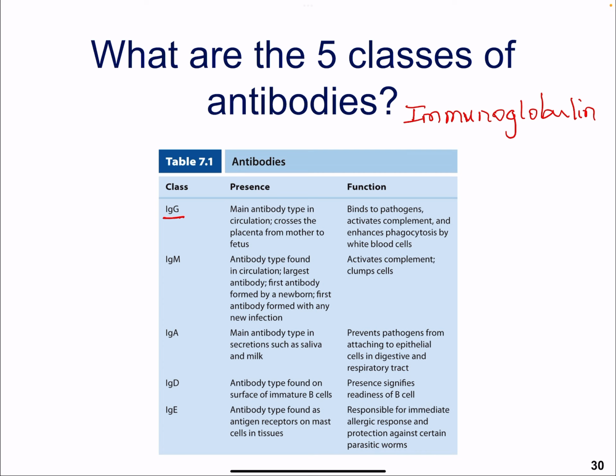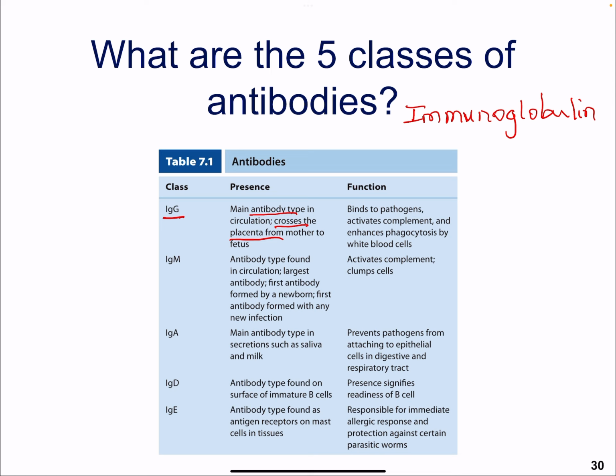This immunoglobulin class G are the main antibodies that you're going to find in circulation in the body. They are also the antibodies that are able to cross the placenta barrier so that mom can give to the fetus a maternal protection and some level of what we call passive immunity when the baby is born.